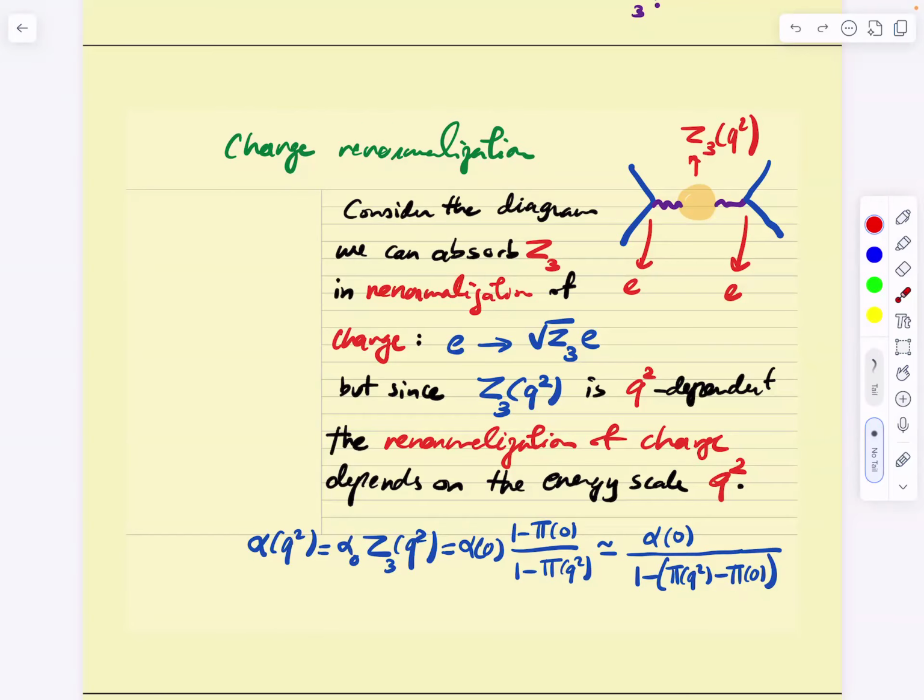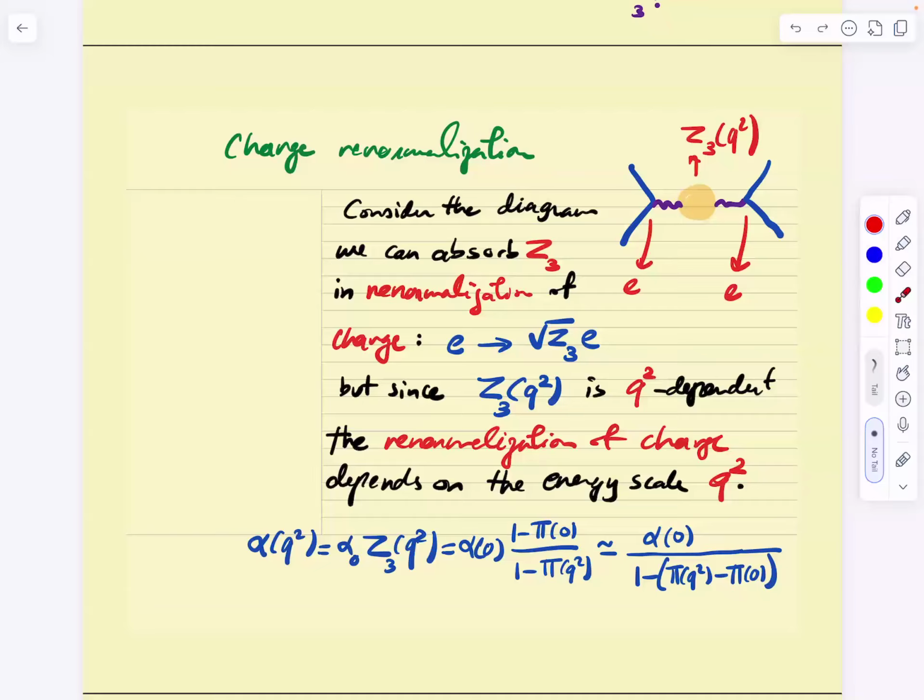Good? Now, when I was writing these expressions, I said that there is a connection. Once you know the renormalization of A and renormalization of psi, you know something about renormalization of charge, because the renormalization of charge had to do with Z3 and Z2 half, right? One photon.